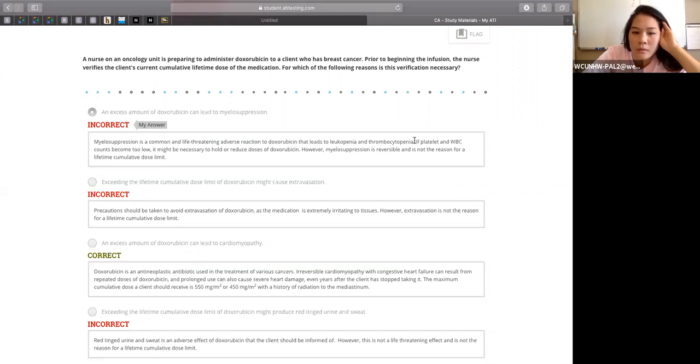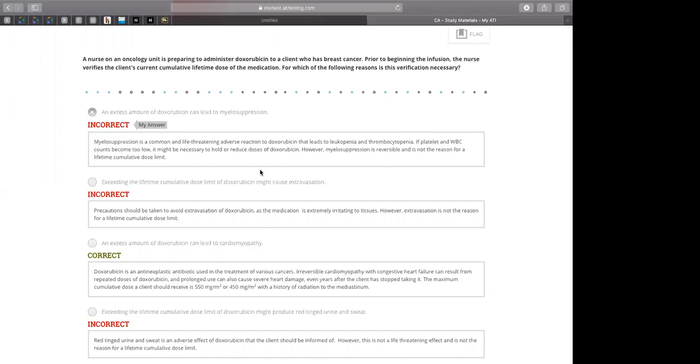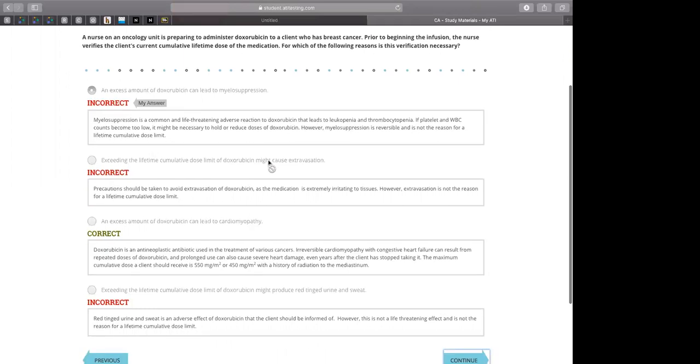Myelosuppression is a common and life-threatening adverse effect.